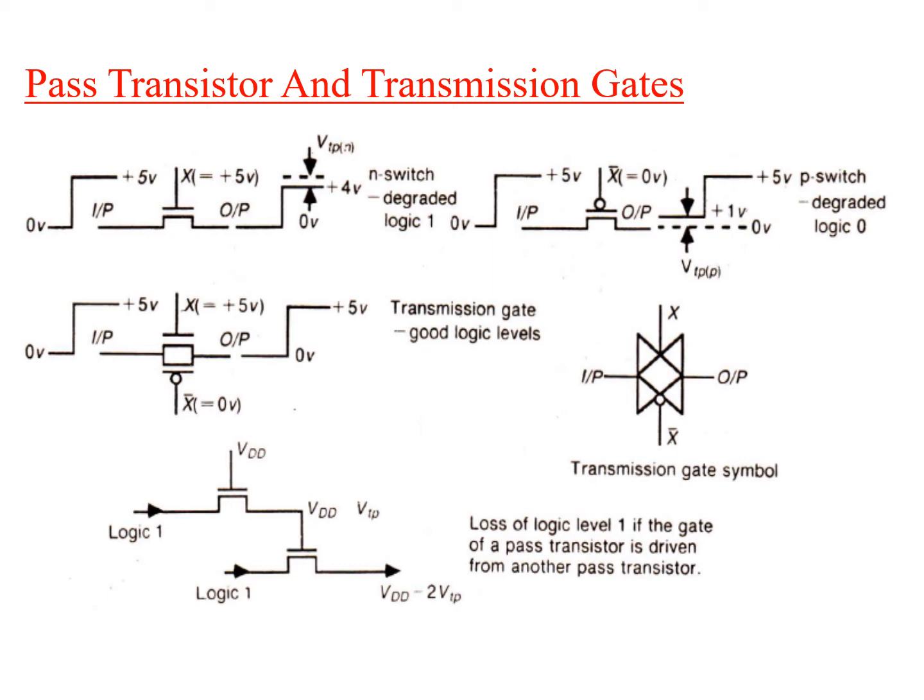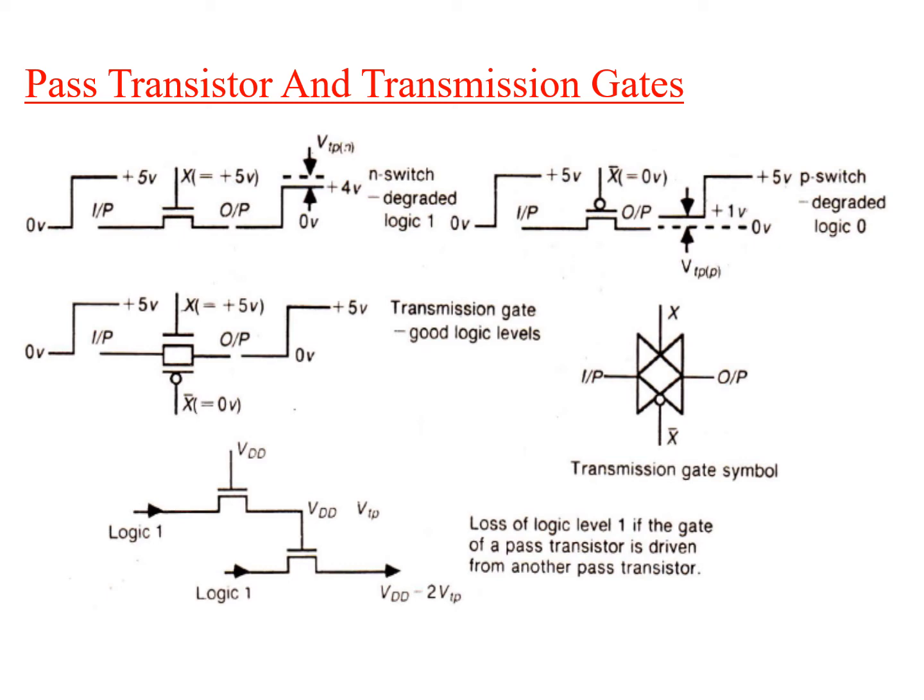Now with this same concept, we can check for a transmission gate. In the transmission gate, as you have studied in the previous slide, there won't be any signal degradation. How is it possible? Now you can see that individually when you operate it, there will be either a degradation of logic 1 or a degradation of logic 0.